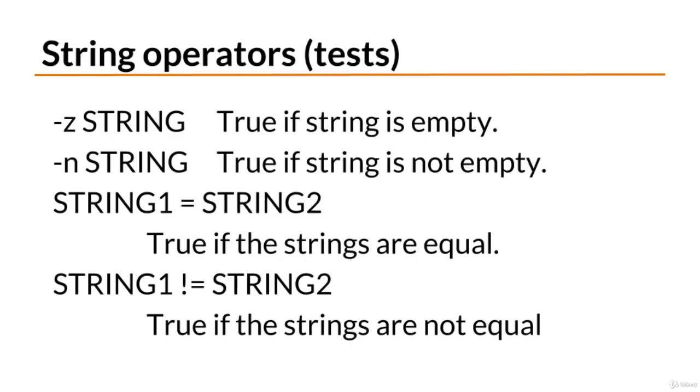-z followed by a string will return true if the string is empty. However, -n will return true if the string is not empty. If you place two strings on either side of an equal sign, then it will return true if those strings are equal. You can also test if two strings are not equal by using an exclamation mark before the equal sign.